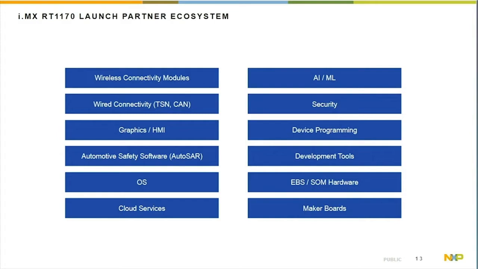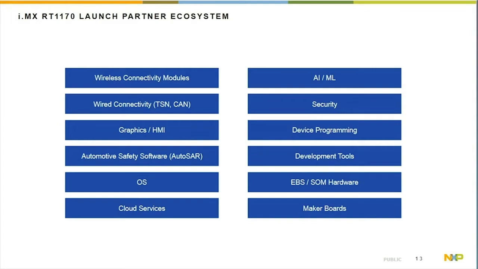And then on the graphics side, Qt is a great partner. There's additional partners with different capabilities and software solutions around graphics and HMI. And then on the automotive side, I will speak to this in a little bit, but we have AUTOSAR software to allow you to go into production with a safety certified software package.